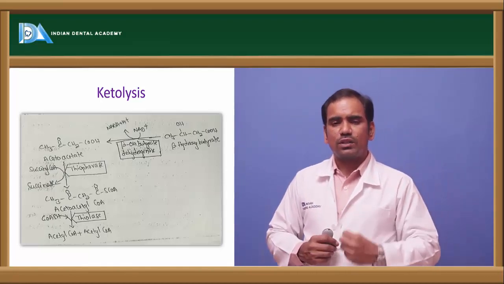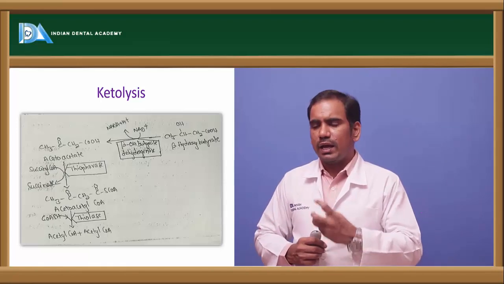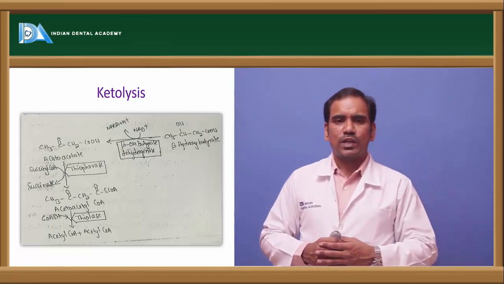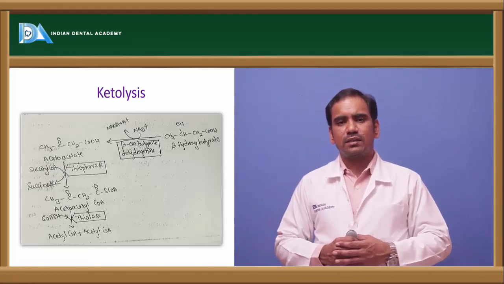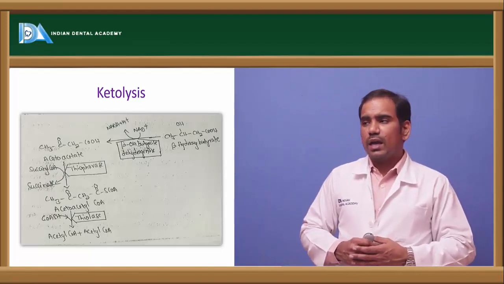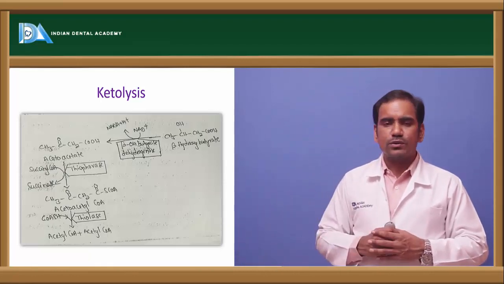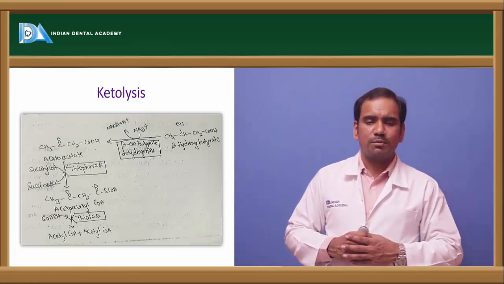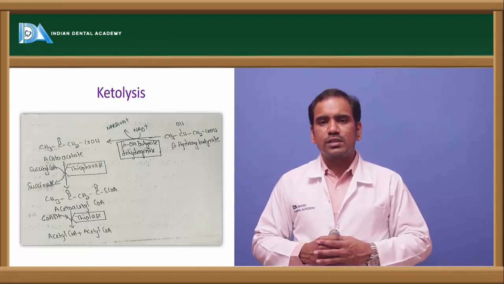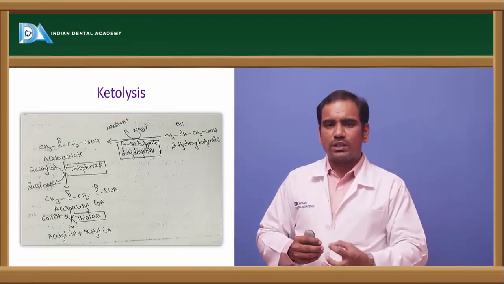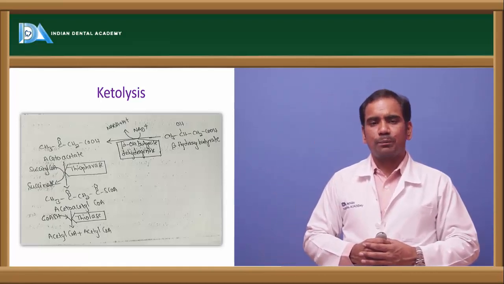Once it is converted into acetoacetyl-CoA, by the action of the enzyme thiolase, thiolytic cleavage occurs, and in this reaction two molecules of acetyl-CoA are produced. This thiolase requires coenzyme A. So this is how acetoacetate and beta hydroxybutyrate can be converted into acetyl-CoA.